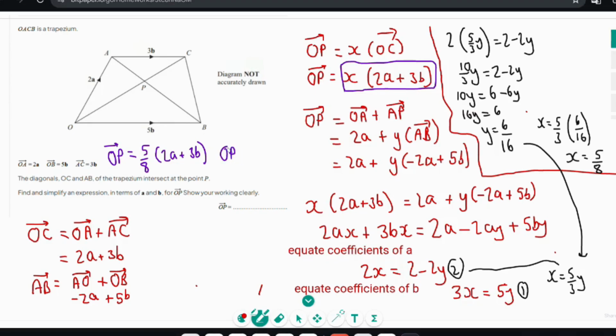We get 2 times 5/8 is 10/8, or 5/4 a, plus 3 times 5/8 is 15/8 b. So that's my answer for OP here.